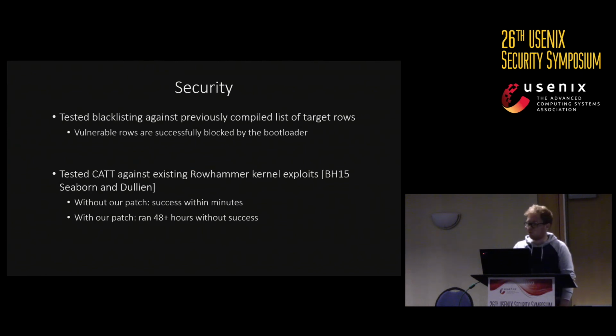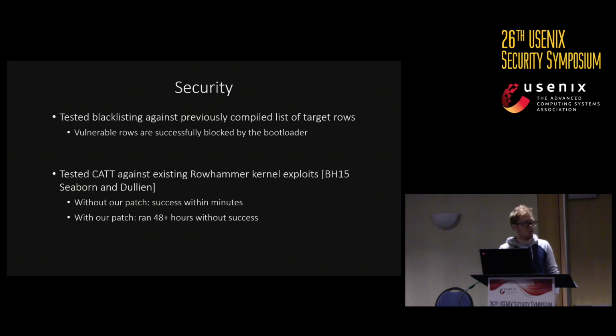So we conducted our security analysis by testing our approaches, the bootloader blacklisting and our generic defense CATT against the existing rowhammer kernel exploits. In our results, we found that the blacklisting is actually successful.